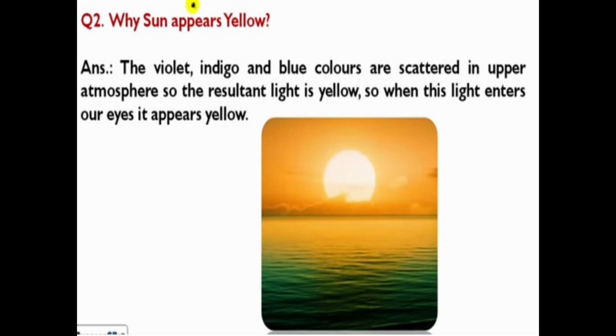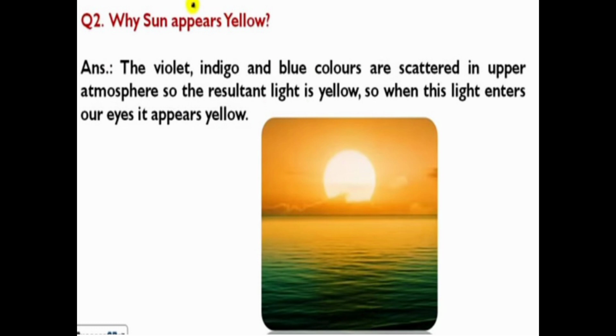What happens? The violet, indigo and blue, which are the lower colors in VIBGYOR, scatter in the upper atmosphere, the layers which are at the top, and so the resultant light then comes with another color, which is yellow.